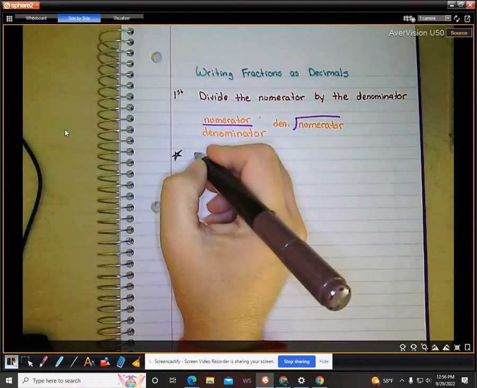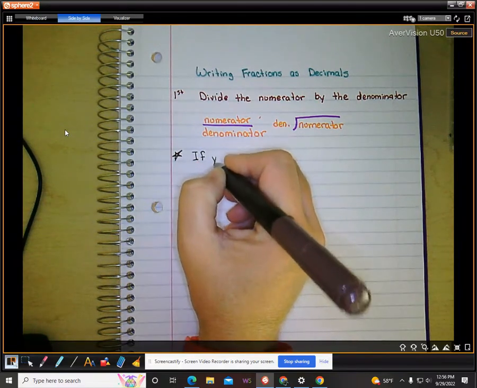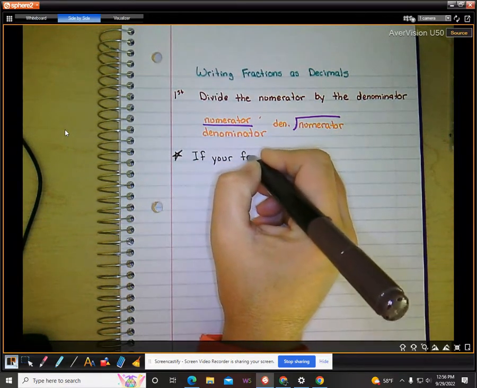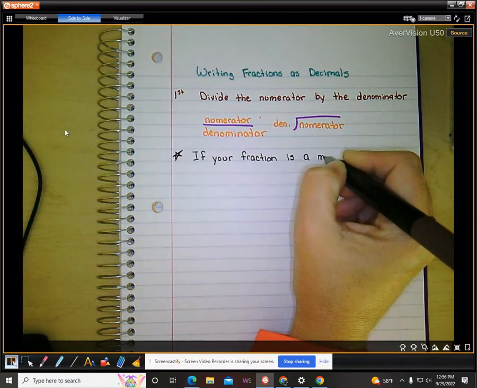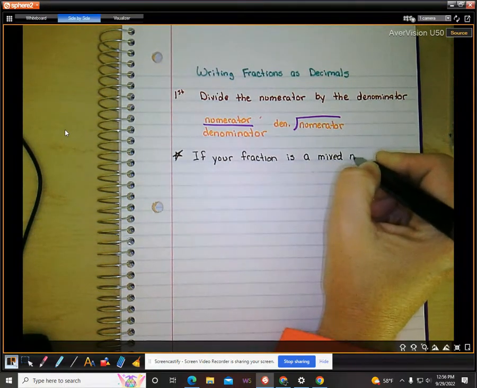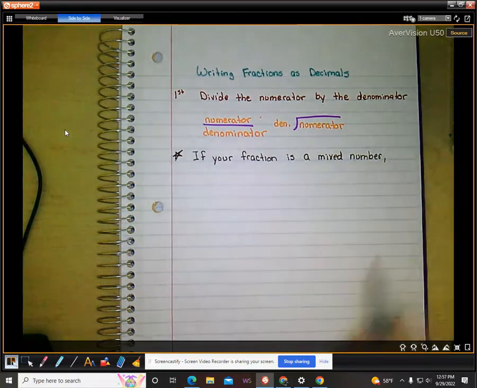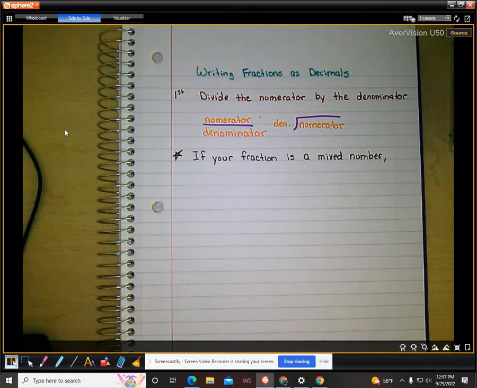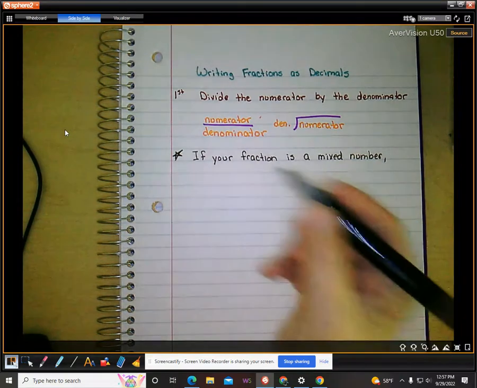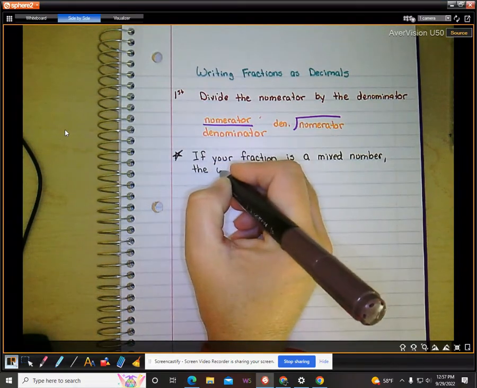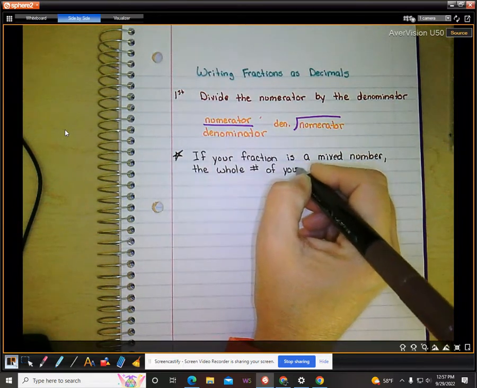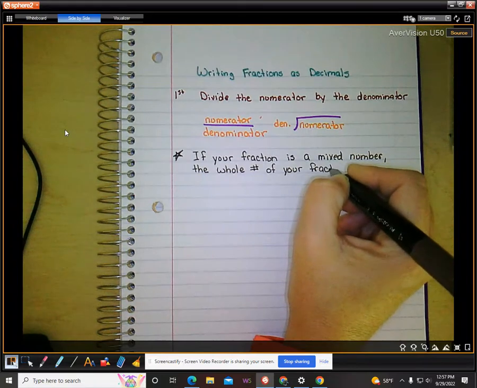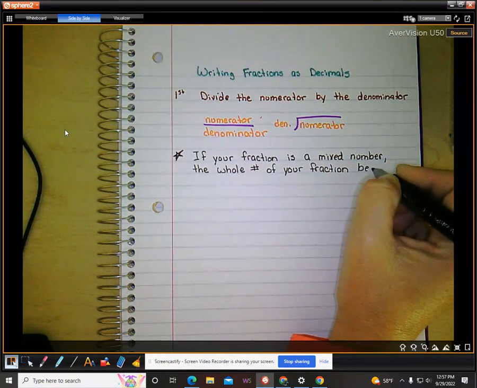So, if your fraction is a mixed number, the whole number of your fraction becomes the whole number of your decimal.